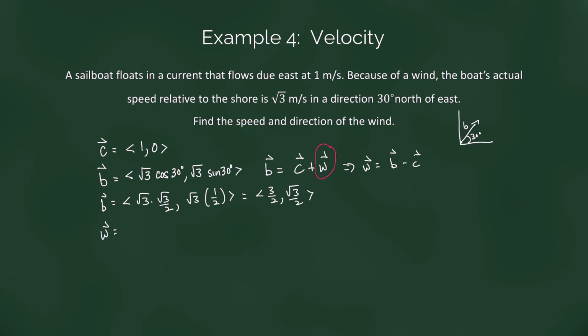So then our wind vector is going to be 3/2 minus 1, root 3 over 2 minus 0, which is the vector 1/2, root 3 over 2.